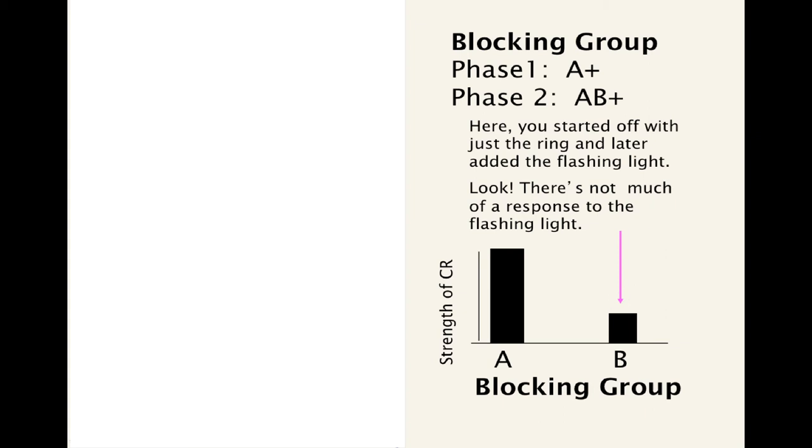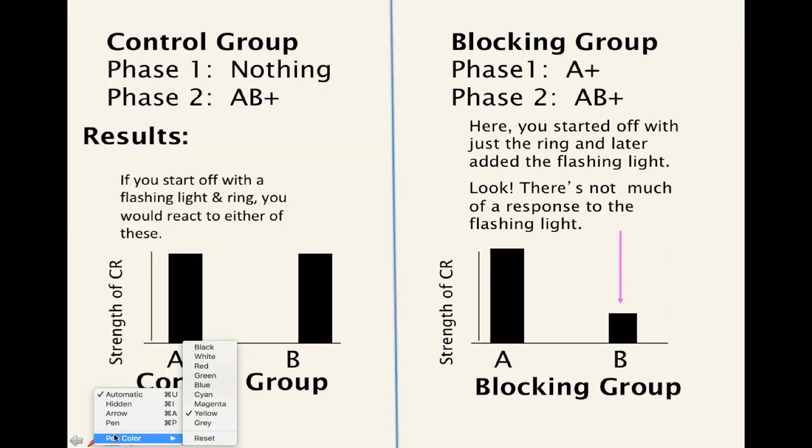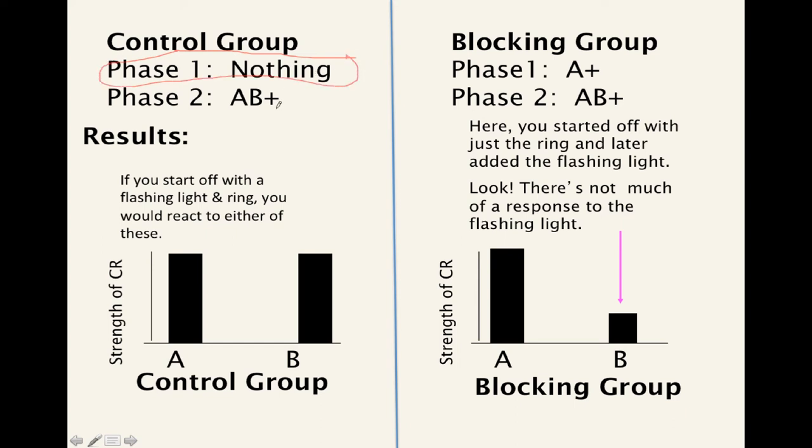So let's start off by focusing here on the left real quick and looking at what would happen in a situation where you would want conditioning to happen. So in phase 1, nothing happens. In other words, there's no history of just hearing the phone ring. From the very beginning, it's the phone ringing, which we'll call A, accompanied by the light flashing, which is B. Both these guys are present from the very beginning whenever someone calls.